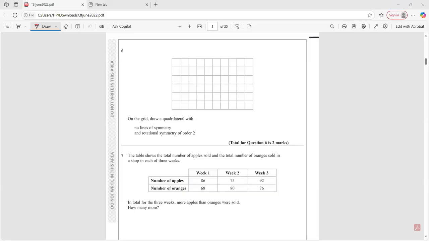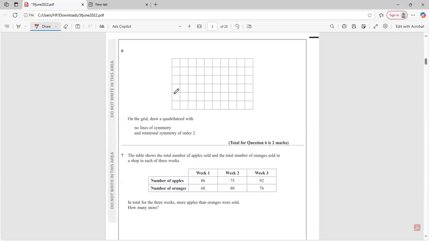So for this one to have a rotational order of 2, they are saying that it can only look the same 2 times in that order. A quadrilateral with rotational symmetry of order 2.